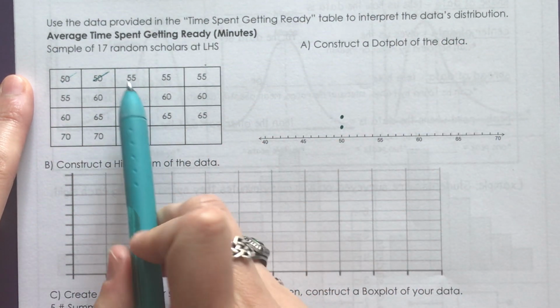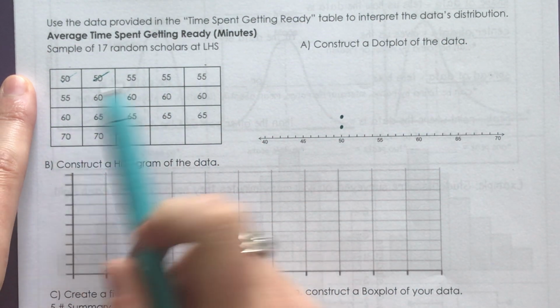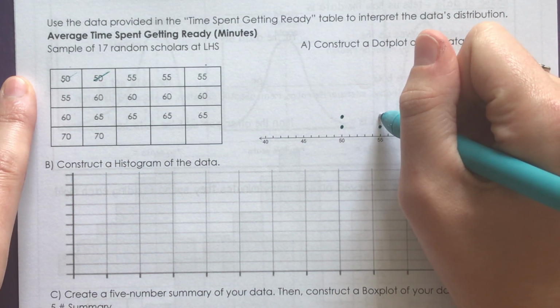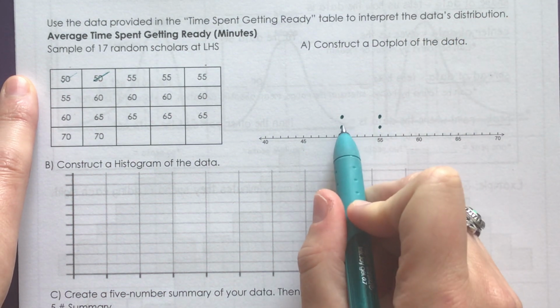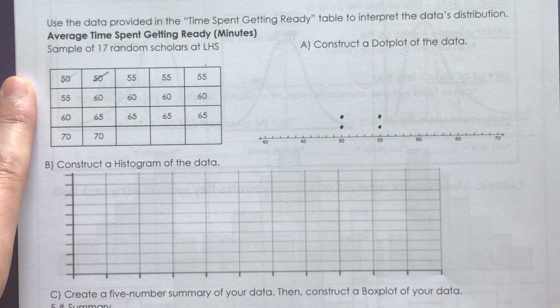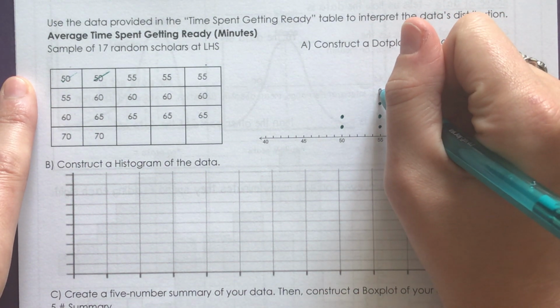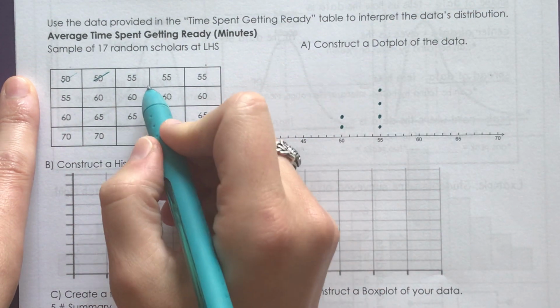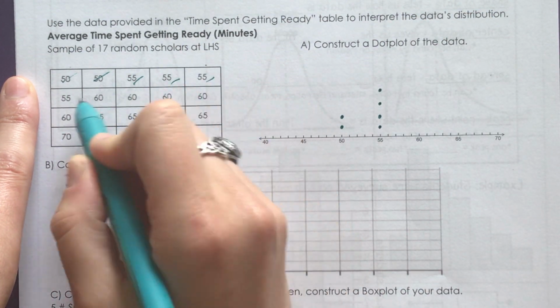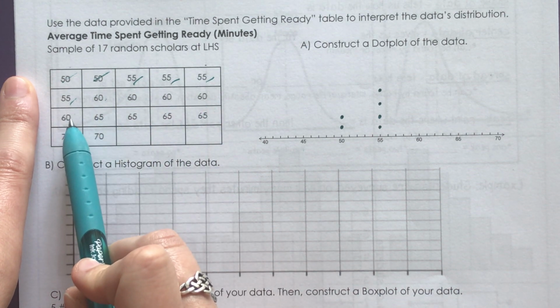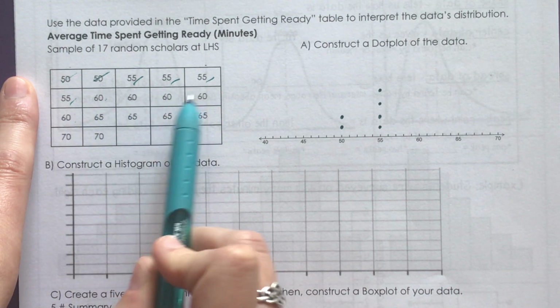And then I see that I have 1, 2, 3, 4 55s. So I'm going to do four 55s. And when I do it, I want to try to make sure that I line everything up as nicely as possible. Obviously, it's not going to be perfect, but we try our best. All right, so that's the 55s. I've got 1, 2, 3, 4, 5. Wait, 1, 2, 3, 4, 5.